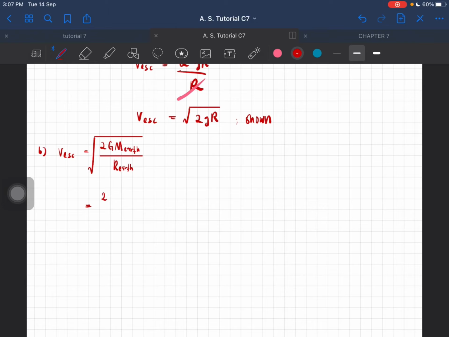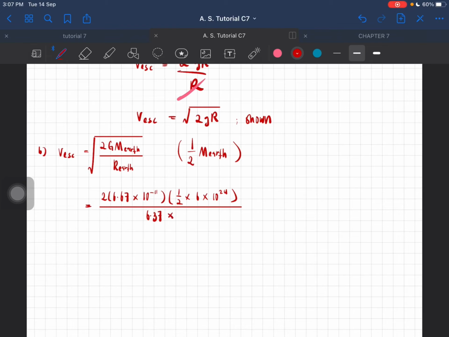So this is 2 times 6.67 times 10 to the power of negative 11. The mass of the planet is half of the mass of the Earth, so half times 5.97 times 10 to the power of 24 kilograms, divided by the radius of the Earth, which is equal to 6.37 times 10 to the power of 6.